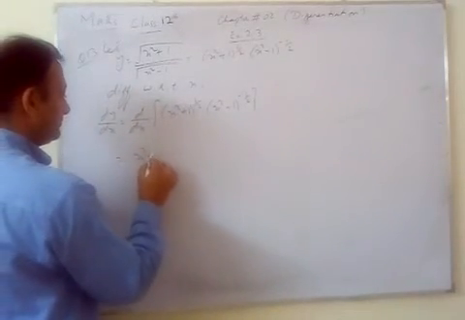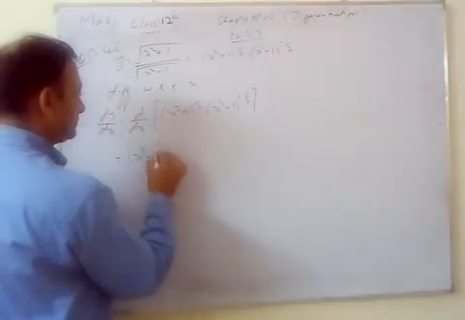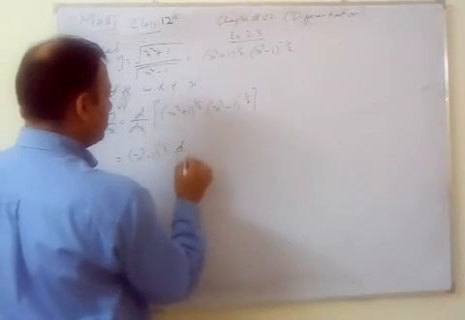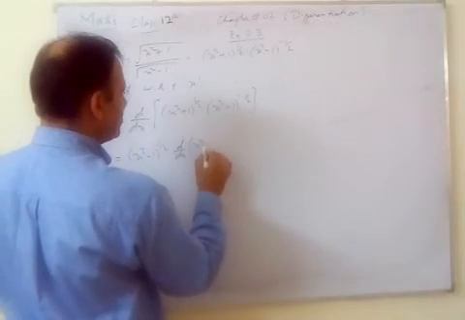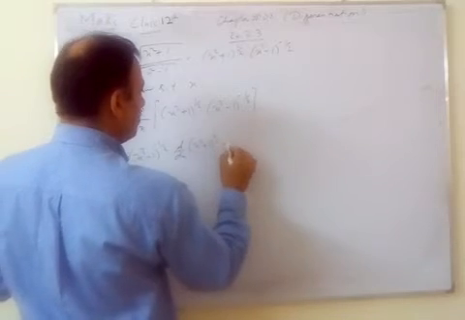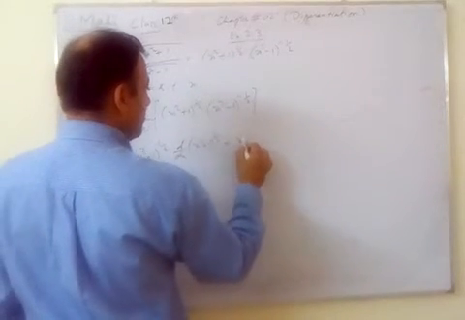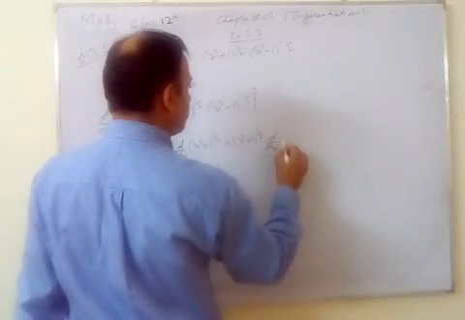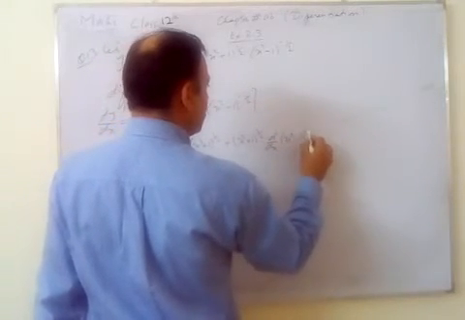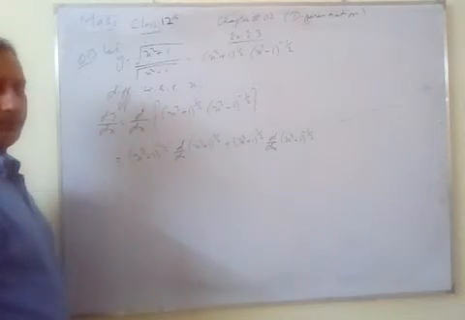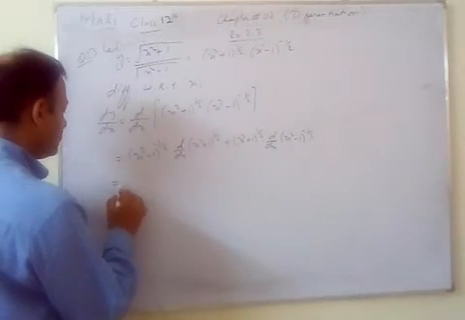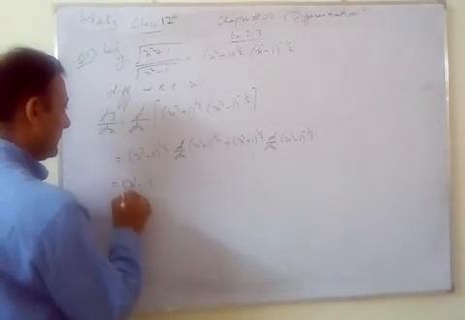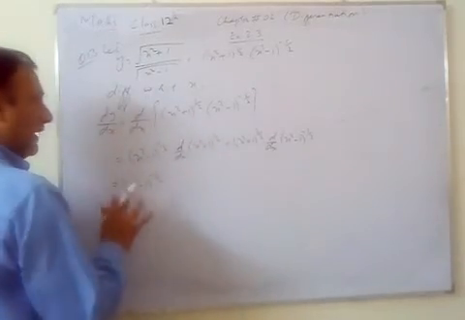Second function, derivative of first, plus first function, derivative of second. Now derivate it, (x square minus 1) power minus 1 by 2 as it is.